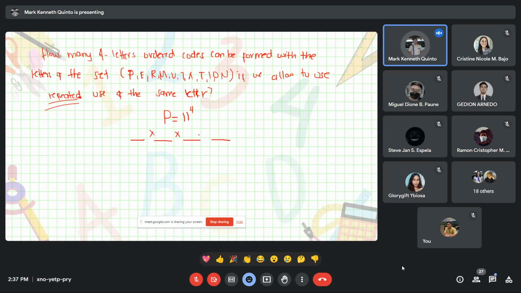Sa first letter, second letter, third letter, and fourth letter, since repeated, sa word na permutation, ilang letter ang meron? 1, 2, 3, 4, 5, 6, 7, 8, 9, 10, 11. So, 11. And since pwede siyang maulit, kaya 11 raised to 4. So, the final answer is 14,641.